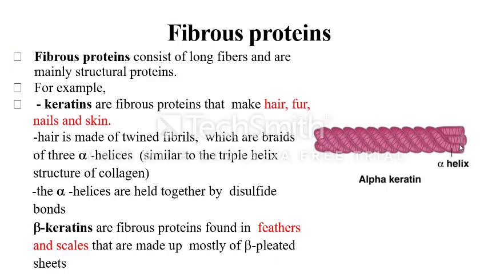The alpha helices are held together by disulfide bonds, and beta keratins are fibrous proteins found in the feathers and scales that are made up of mostly beta pleated sheets, right? So alpha keratins are made up of alpha helix, and beta keratins are made up of beta pleated sheets.